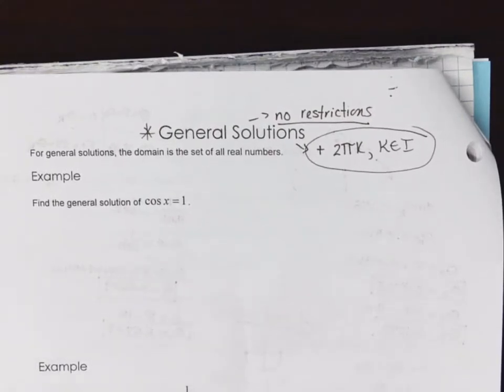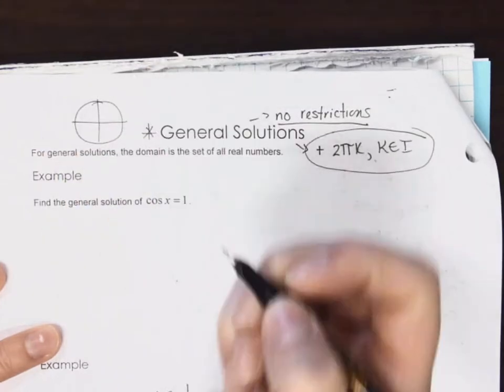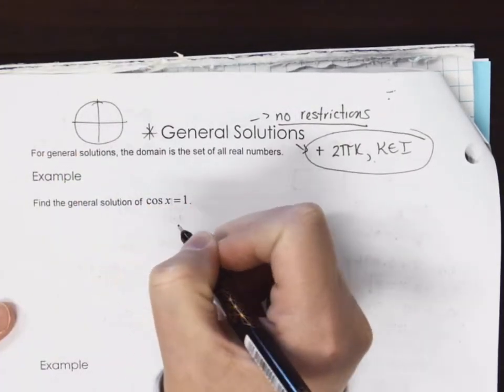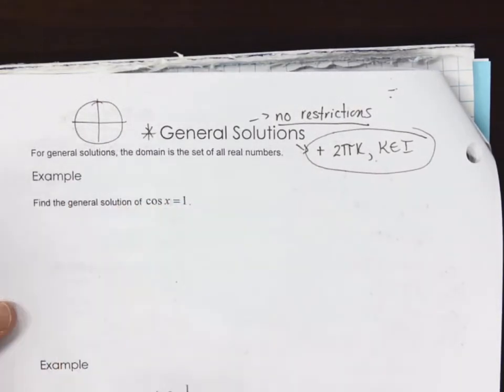Okay, cosine x equals 1. Cosine is my x value in the coordinate pair, right? So where on my unit circle is cosine positive 1?